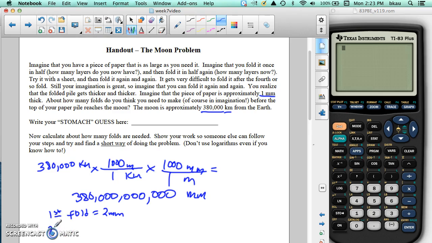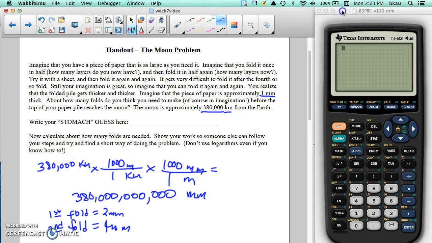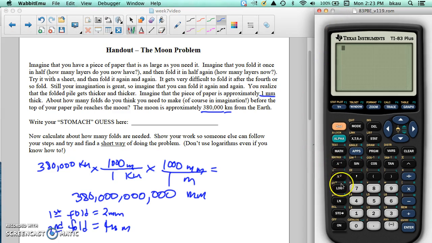A second fold is 4 millimeters. And we're going to double each time. So let's take a look at this on the calculator. This will be our first fold, 2 times 2. We get 4, that's our second fold.